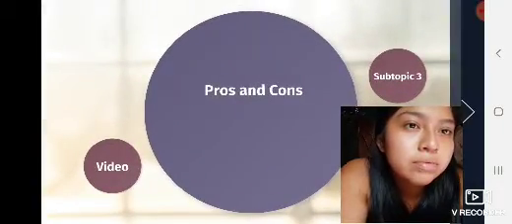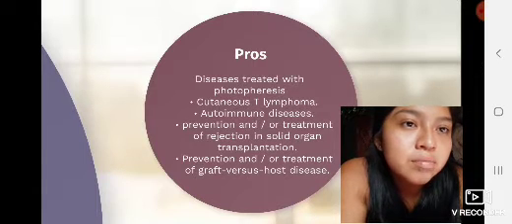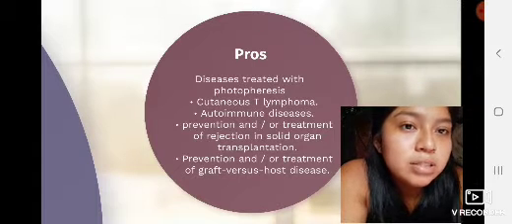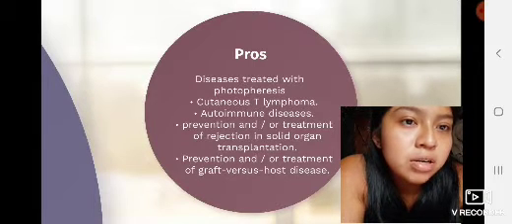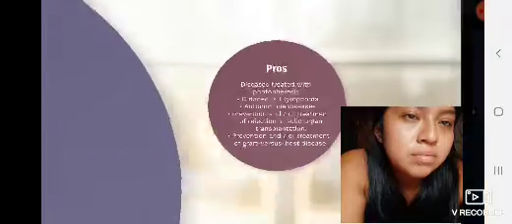Pros and cons. Pros: diseases treated with photopheresis include cutaneous T-cell lymphoma, autoimmune disease, prevention and/or treatment of rejection in solid organ transplantation, and prevention and/or treatment of graft versus host disease.